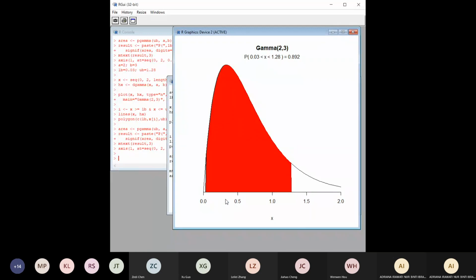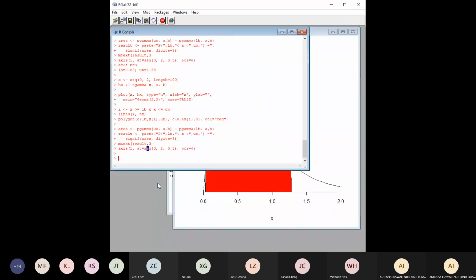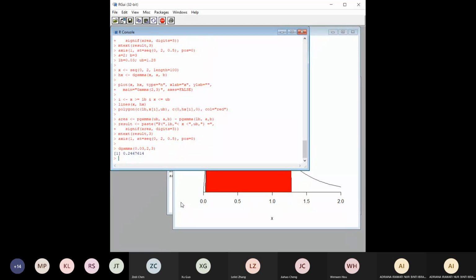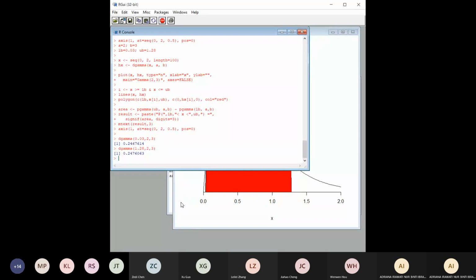And you can look at the height here. If we look at the height, which is the density of the gamma at 0.03, with gamma 2 and 3, the height of the graph is 0.246, and at 1.28 it is not exactly the same, but approximately, to 2 decimal places, 0.25 and 0.25.